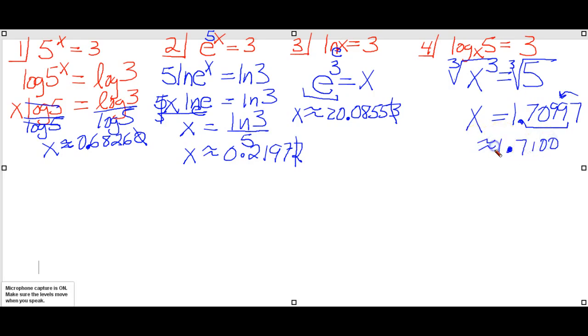And that would be approximate. Okay, so there are the first 4 worked out. I was thinking I would put the bottom 4 in here, but that would really jam it up. So if you need to go over any of these, pause it, because we're going to pause it and go to the last 4 examples.